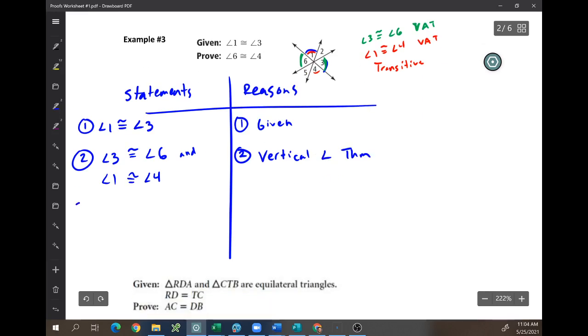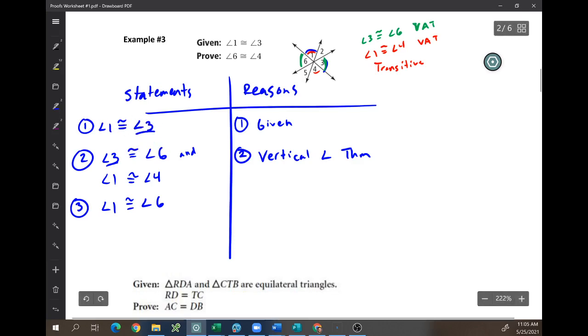All right, then from there, now what did I say next? I said, well, now that I know all of these things, now I could kind of use my transitive property. So I could say, okay, angle 1 has to be congruent to angle 6, right? Because I see how I have a 3 and a 3. So I could say angle 1 must be congruent to angle 6, right? Because I'm basically getting rid of the 3's and putting in the 6 in its spot.